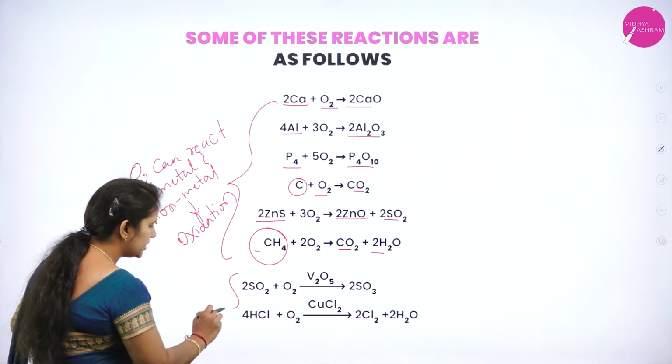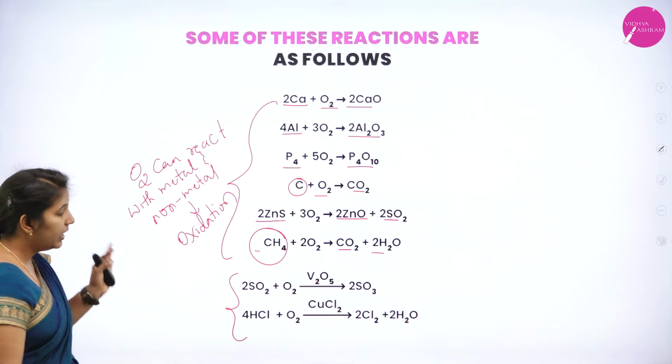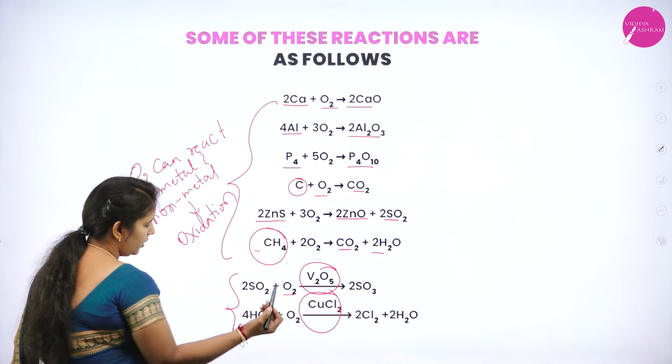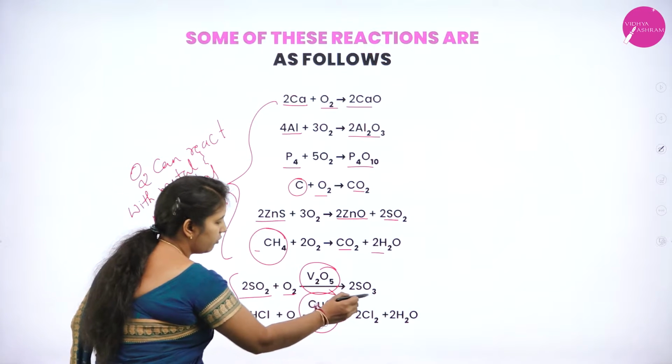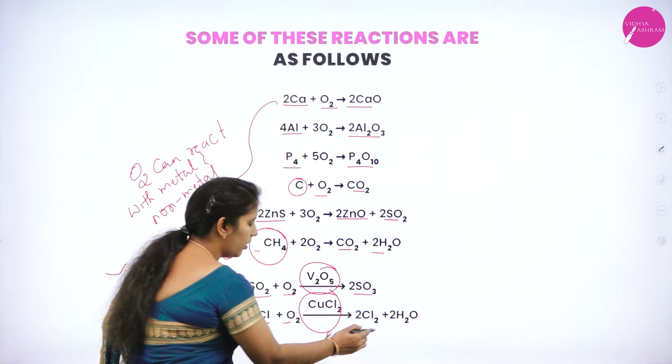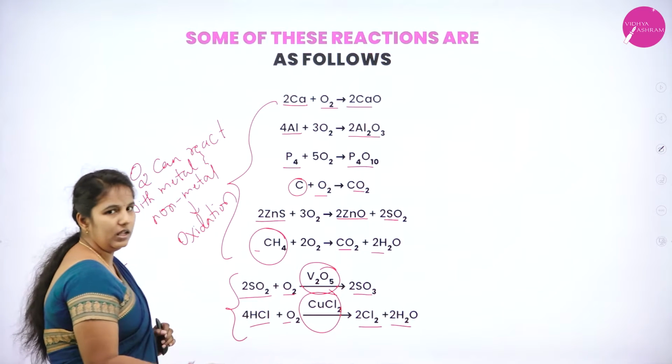If you see the last two reactions, even in the presence of a catalyst, dioxygen can react with sulfur dioxide to form sulfur trioxide. Similarly, dioxygen can react with HCl to release chlorine gas along with water.